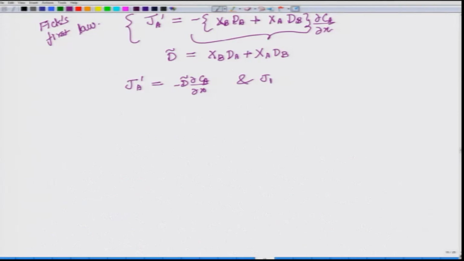And J B prime is equal to minus D, or you can still express it in terms of C A. So the negative sign goes away because del C A by del x is minus of del C B by del x, and this also means that in this reference frame J A prime is equal to minus J B prime. So you can see that in the laboratory frame of reference, J A prime is equal to J B prime.